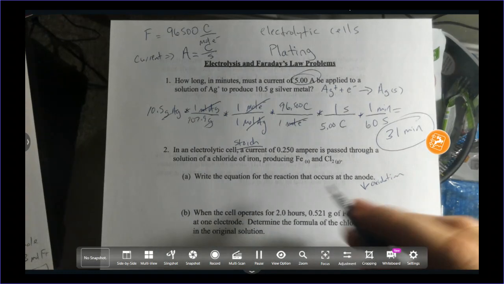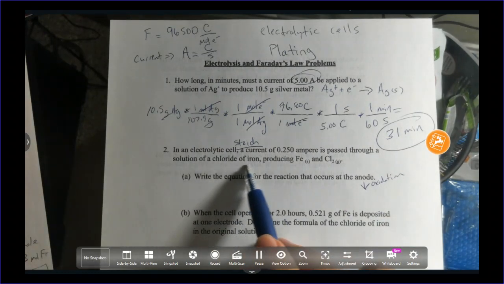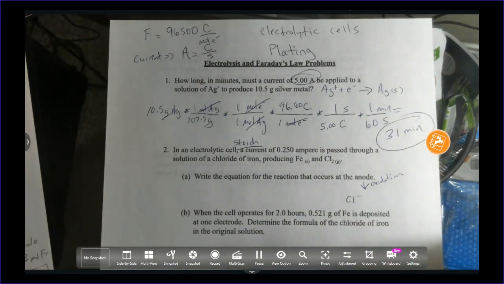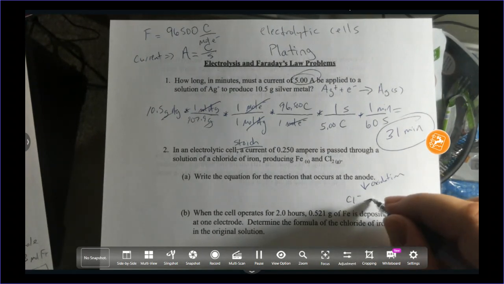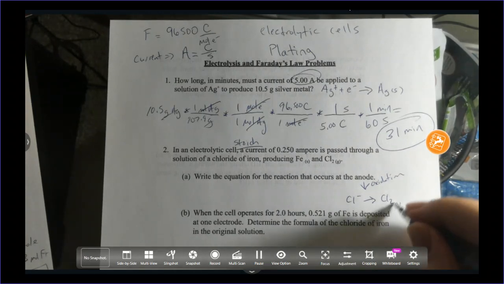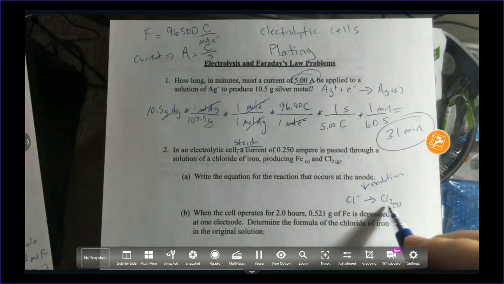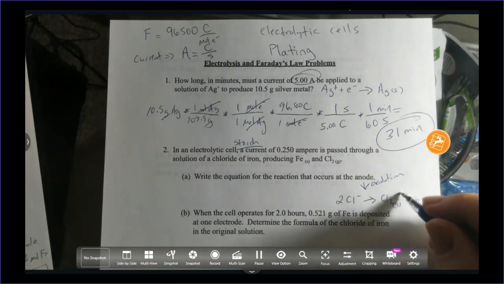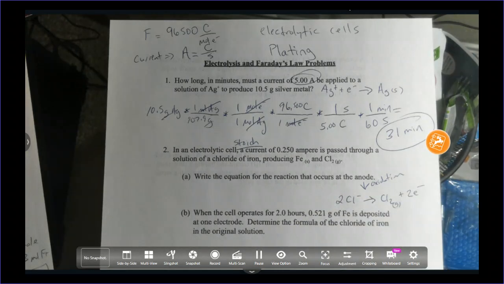So if I have a solution of a chloride of iron, we know that the chloride is currently Cl negative charge, and we're going to oxidize that to Cl2. Now, I can look at that real quick and say I need to balance. So there's going to be 2 involved here, which means I need 2 electrons. So that's the anode reaction for this.